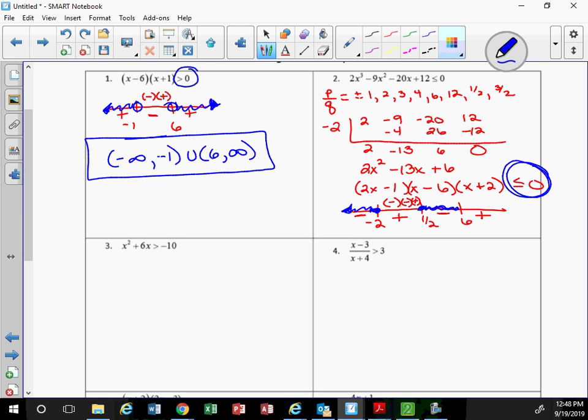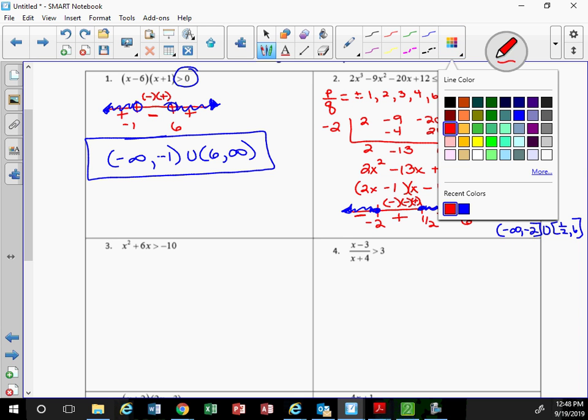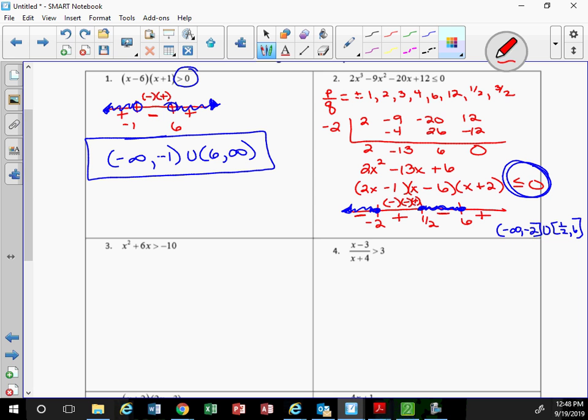Yes. Okay. So your answer is -infinity to -2 with a bracket, and then bracket 1/2 to 6 with a bracket. It wasn't that bad, right? Questions on that one?